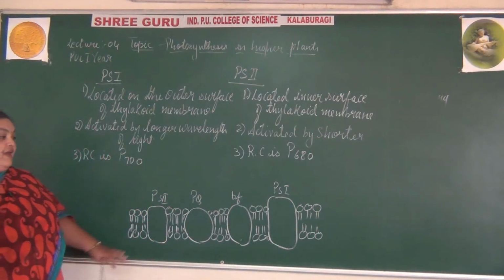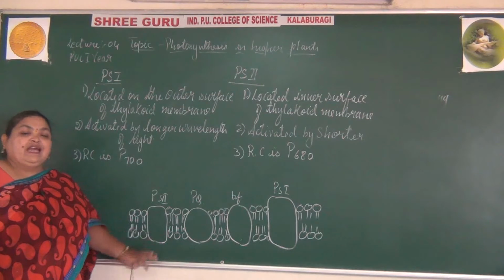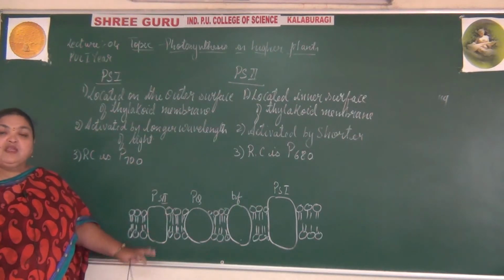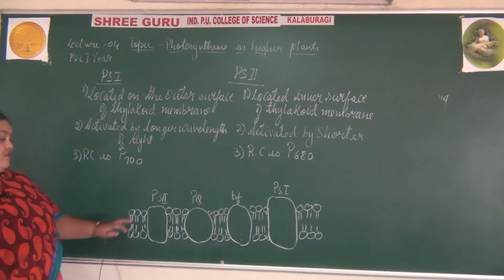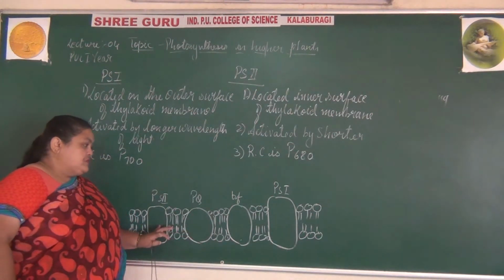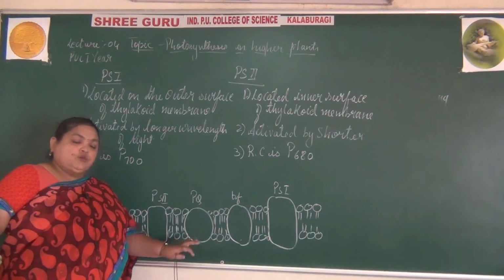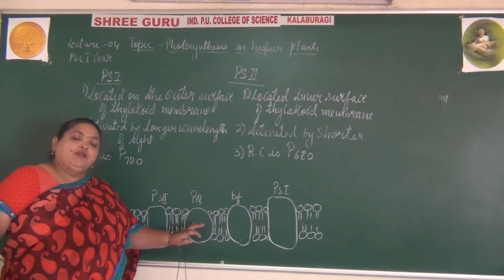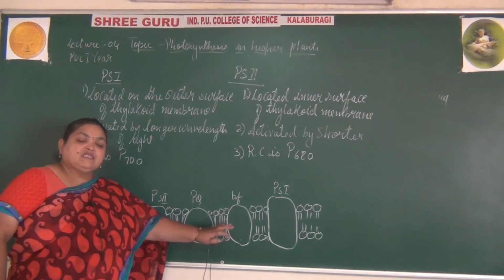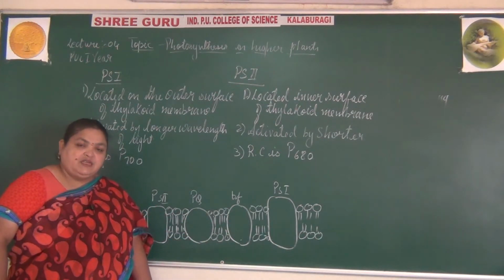So now you have the idea that the protein complexes present in the thylakoid membrane are photosystems 1 and 2, along with plastoquinone, plastocyanin, cytochrome b6f complex, and ATP synthetase.